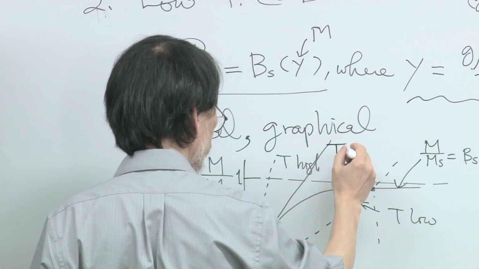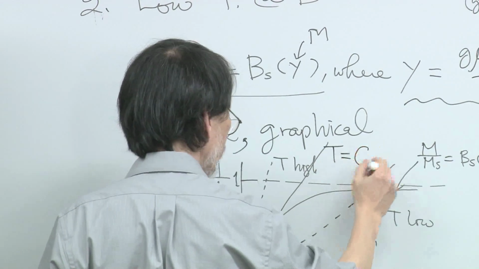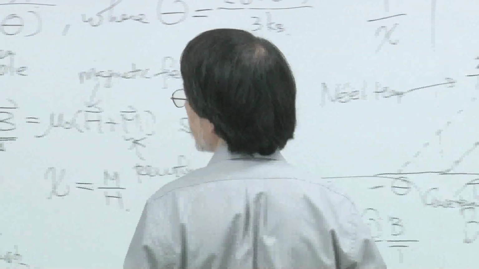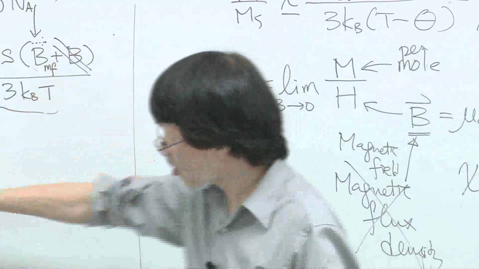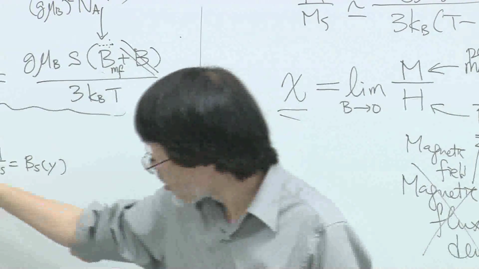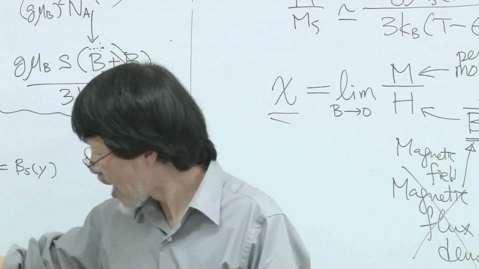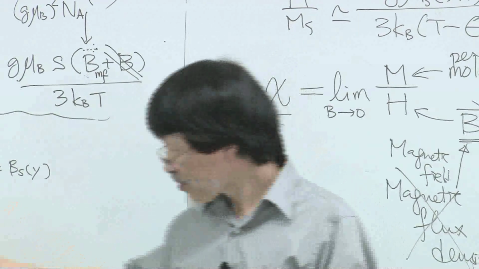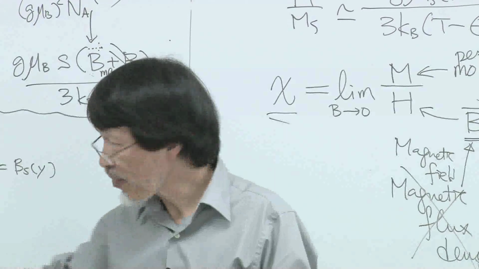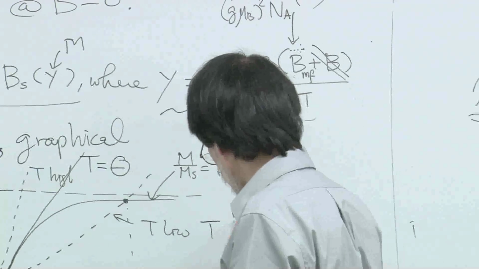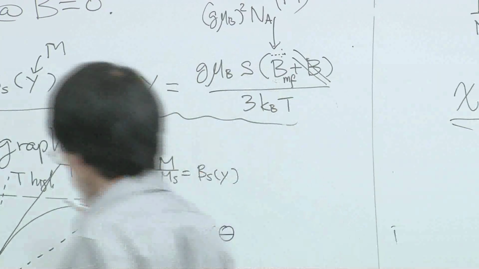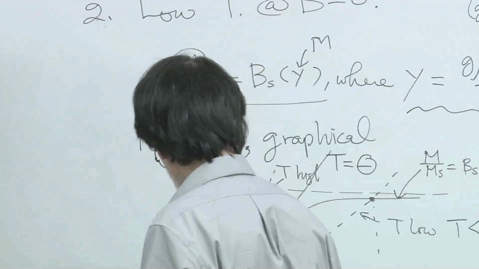So when the temperature has this special value, it turns out if you consider the special temperature at which the slope of this straight line is the same as the slope of this Brillouin's function near y equals 0, then that temperature is T equals theta. So low temperature, we mean temperature is less than theta, and high temperature, we mean temperature higher than theta.